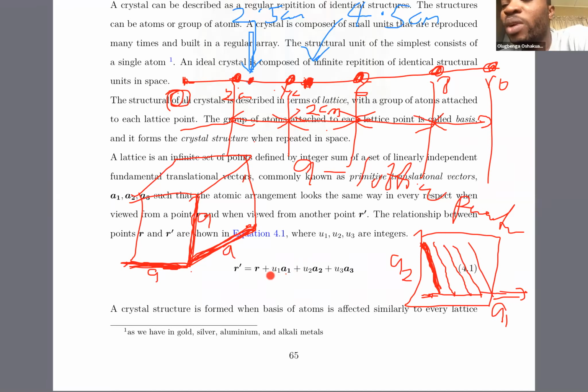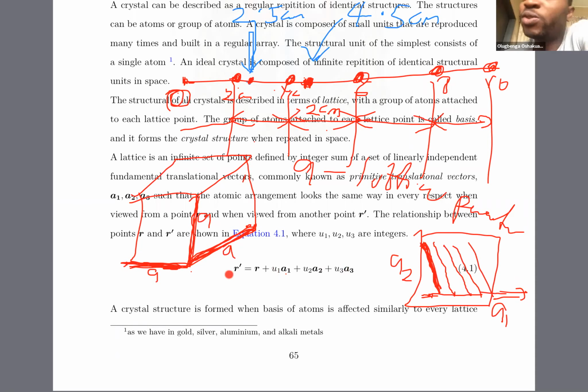A1 is bold, and that is deliberate. A1 is bold because A1 is a vector. A2 is not bold because A2 is not a vector.